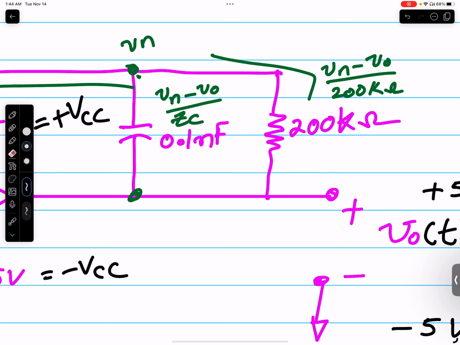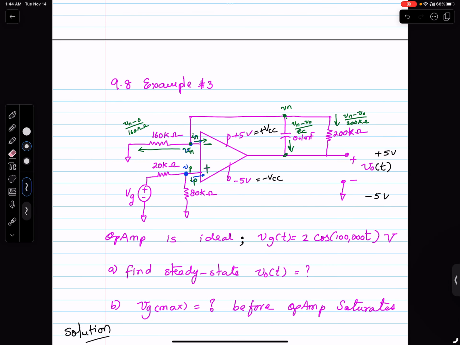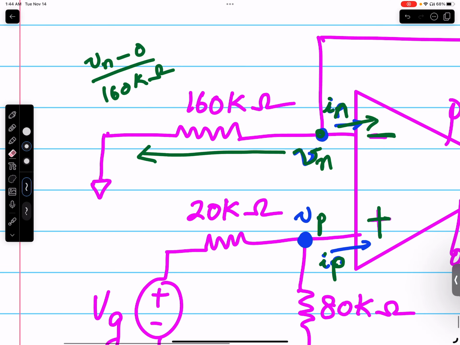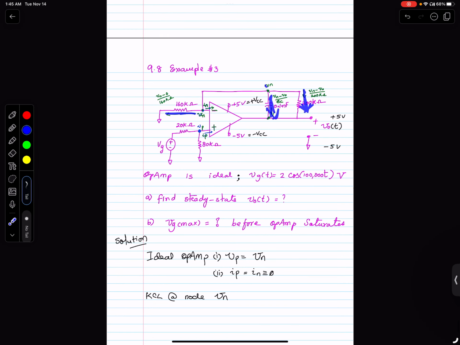So there are three branch currents shown here, and then what we can do is add them up to zero, because that is what KCL at node Vn says. At node Vn, there is this current, then there is this current, then there is the third current here. Add them all up to zero.